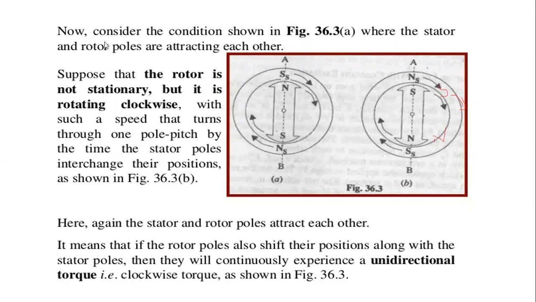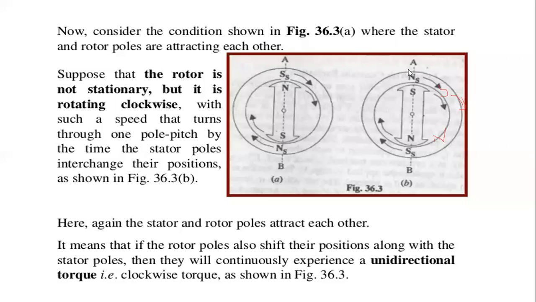Therefore, when the stator and the rotor poles are attracted to each other, suppose the rotor is not stationary, but is rotating in the clockwise direction with such a speed that it turns through one pole pitch by the time the stator poles interchange their positions.